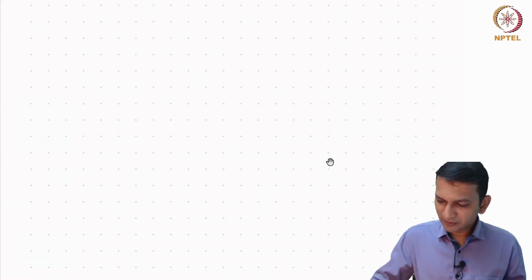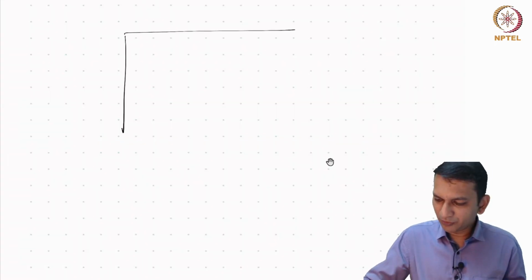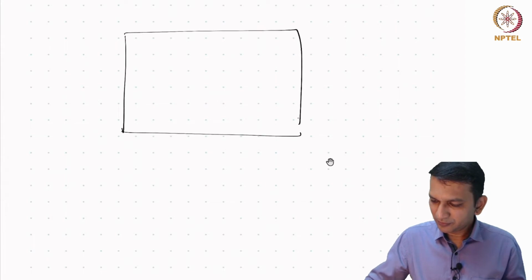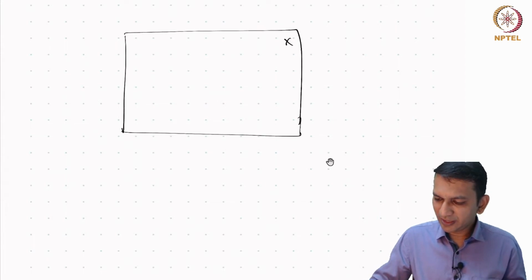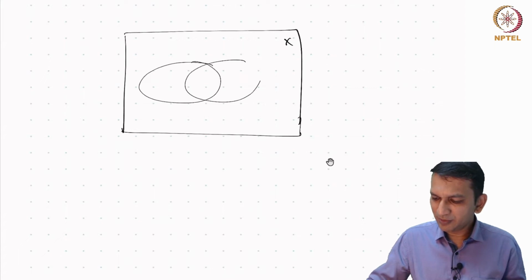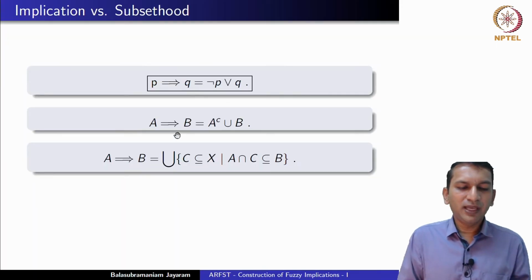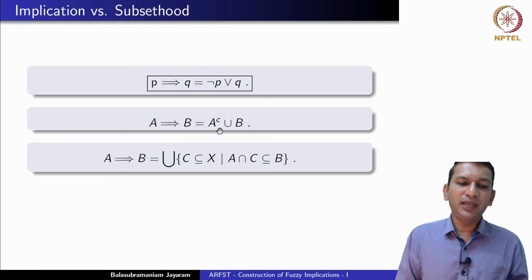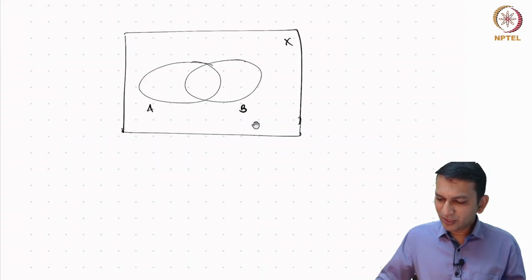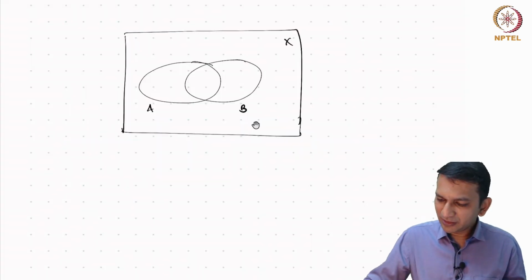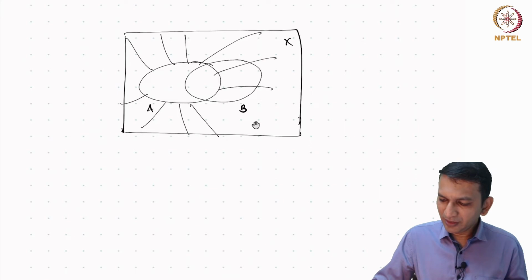Let's look at this from a Venn diagram point of view. So this is my universal set X. Now, this is my A, and let this be my B. If you go by the first formula, A implies B is equivalent to A complement union B. Essentially, A complement contains everybody outside of A. Union B, that is this.